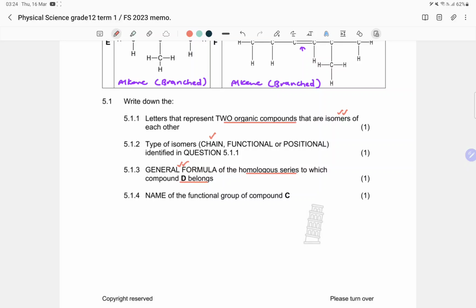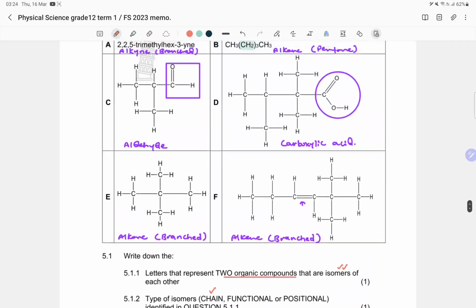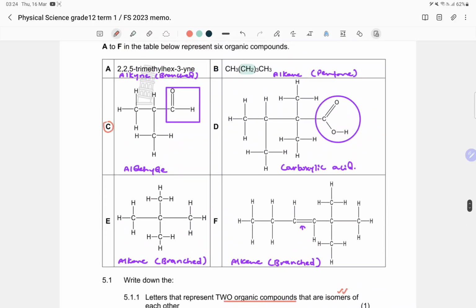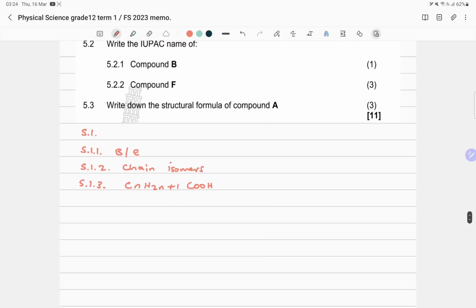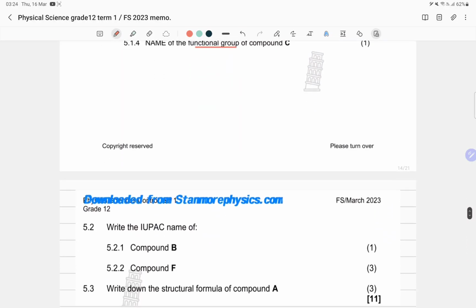Let's do this one. Name of the functional group of compound C. Now, compound C is an aldehyde. We know that that is a carbonyl group, isn't it? Yes. So let's see here. This is 5.1.4, isn't it?